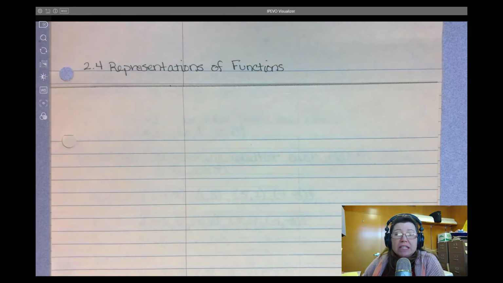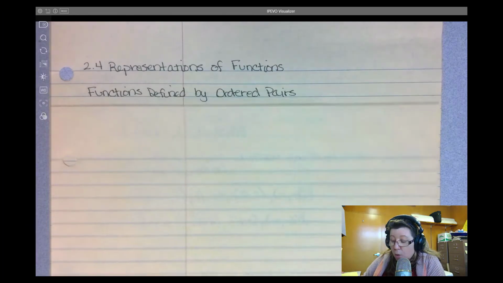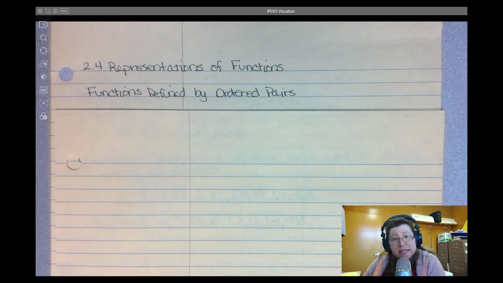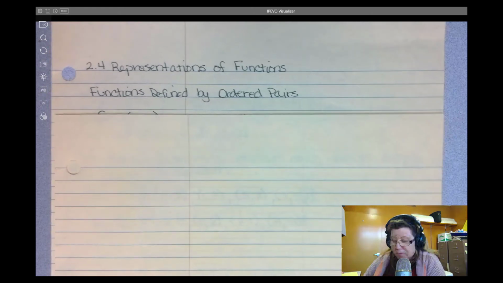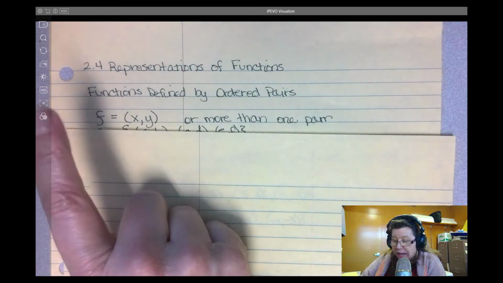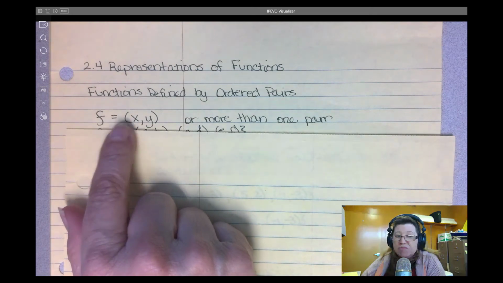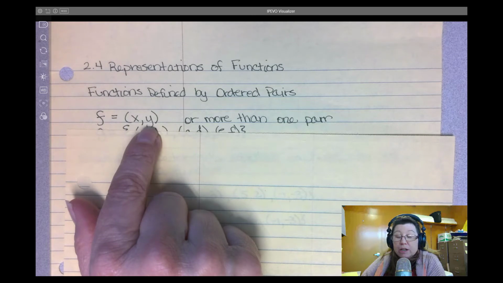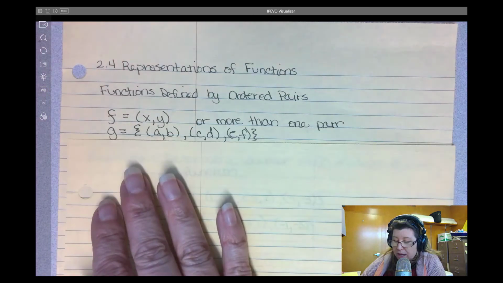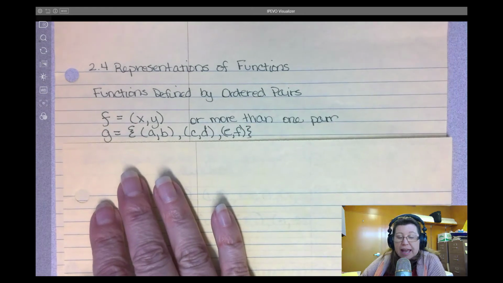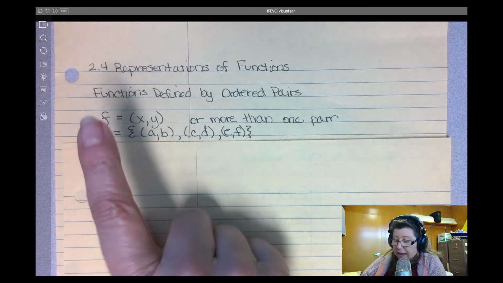There are many ways to represent functions. One way is to show it as an ordered pair. So, for example, we have the function f, and that would equal the ordered pair (x, y). Now, it could be more than one ordered pair. For example, I have the function g, and it has 3 ordered pairs in it.